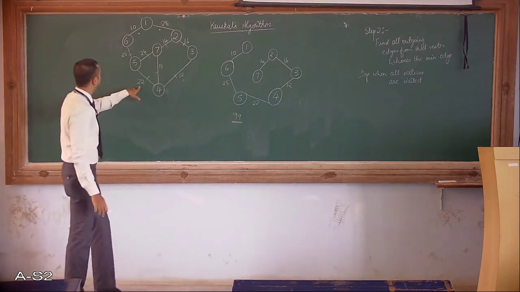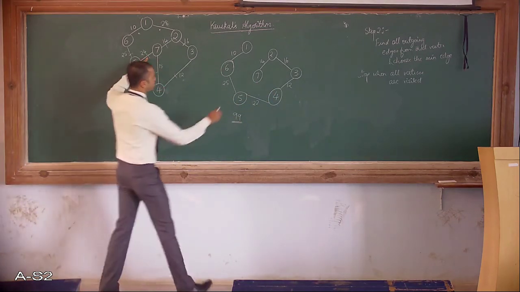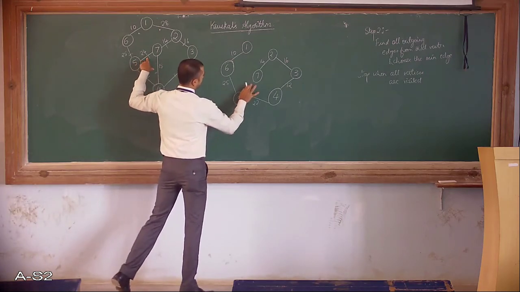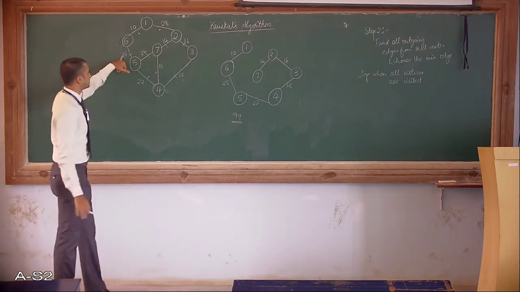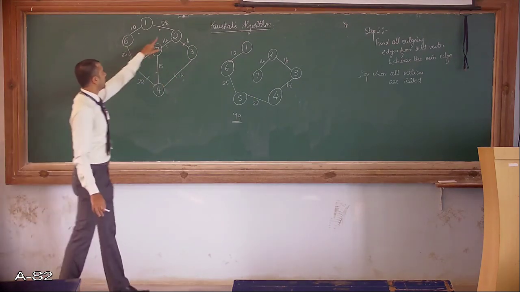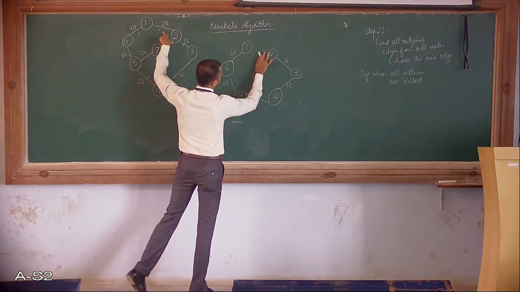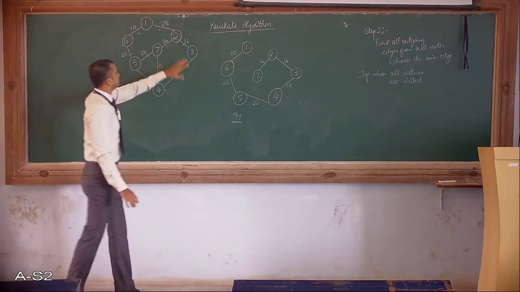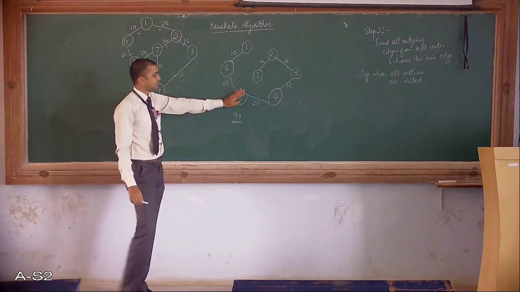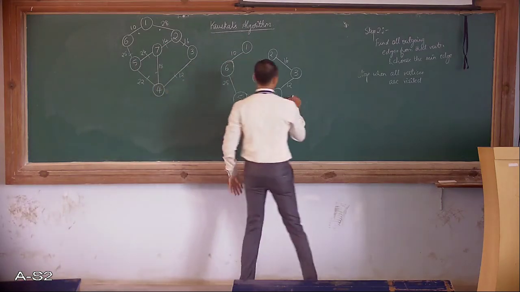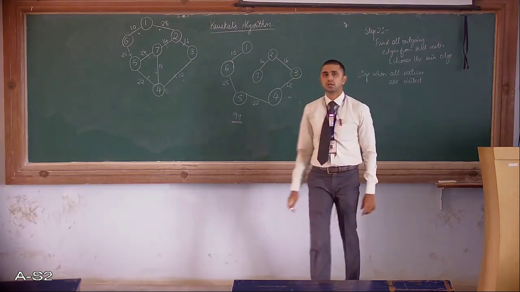It was 22. Next is 24. I couldn't go for 24 because it would form a cycle again. Then the next one is 25. I can't go for 28 because again it will form a cycle. So I stopped over here. This is my minimum cost spanning tree using Kruskal's algorithm.